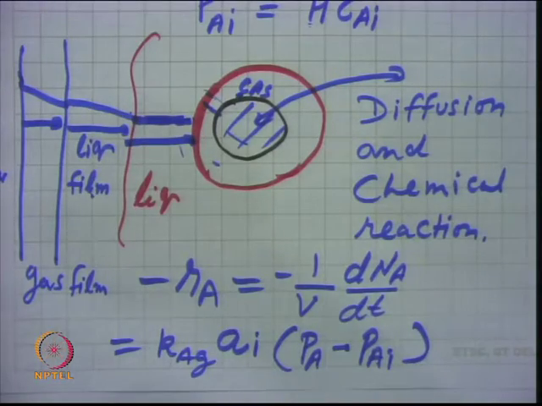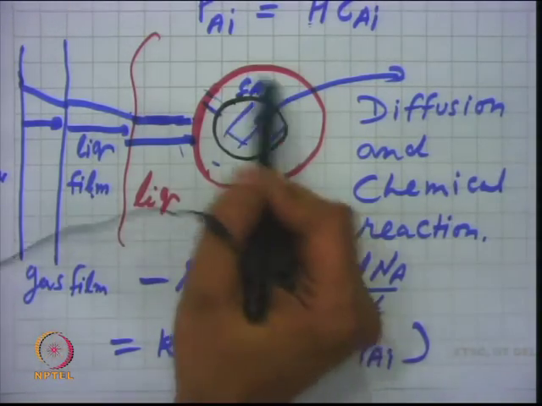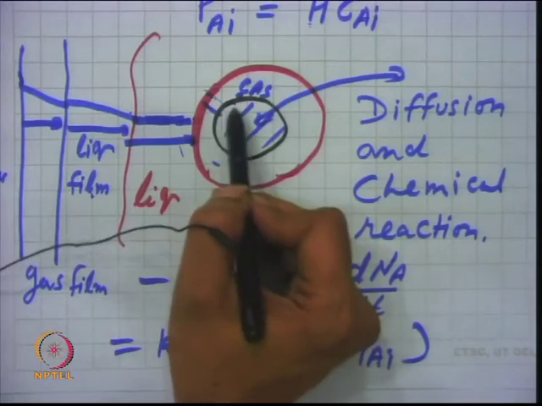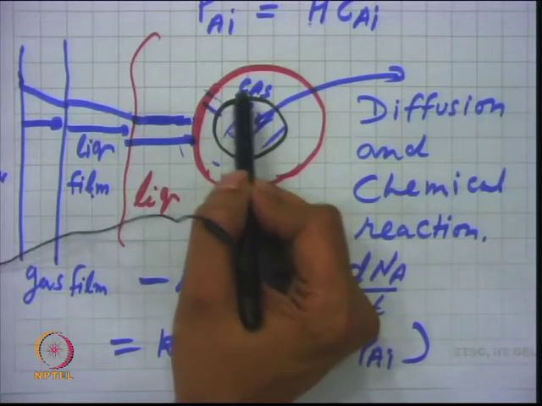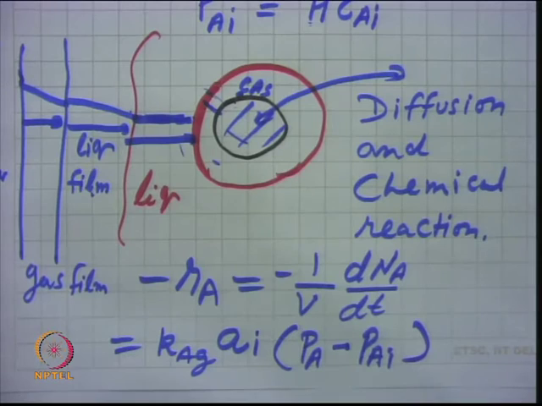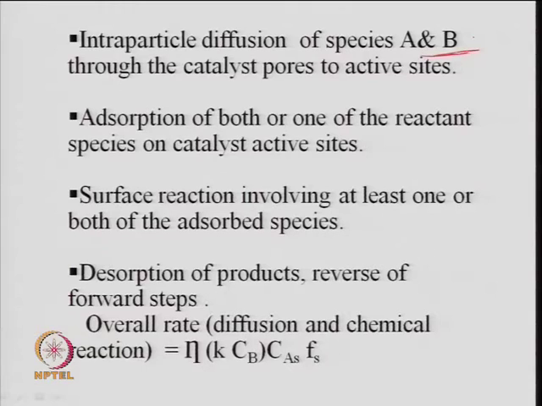If the solid is non-porous, this will react here only, right, but if it is a porous material, now this will diffuse from here to the internal surface. Again there will be a concentration gradient. So, this is the step. I already said that B, we are assuming, is already there; if it is not there, then B will also diffuse. So, intra-particle diffusion of the reactant species, mainly A here, through the catalyst pore to the active site.